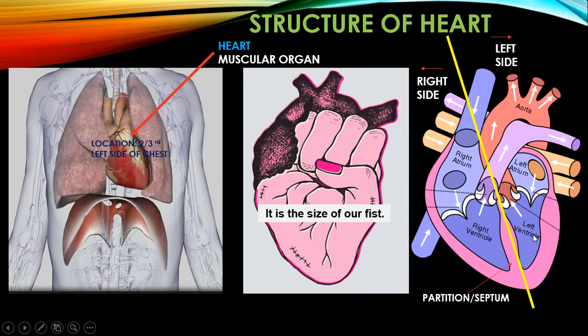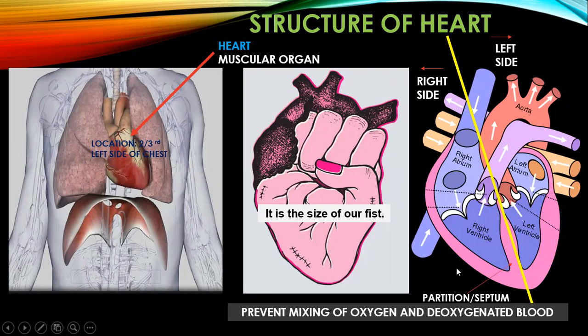The left side of the heart always receives and transports the oxygenated blood, whereas the right side of the heart always receives and transports the deoxygenated blood. So this partition in between helps to prevent the mixing of oxygenated with deoxygenated blood.